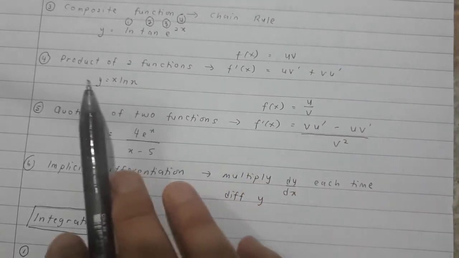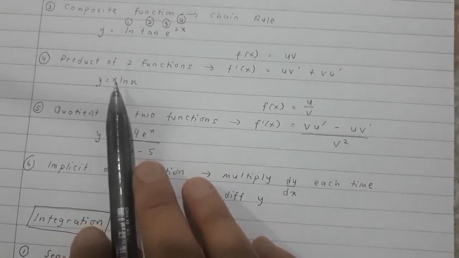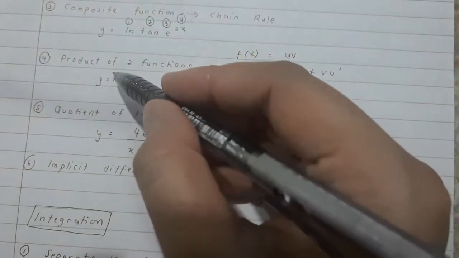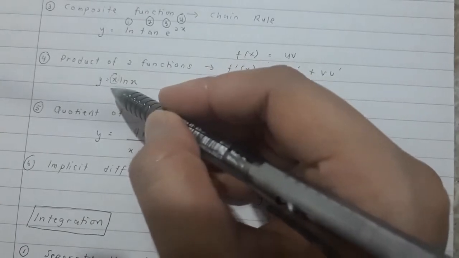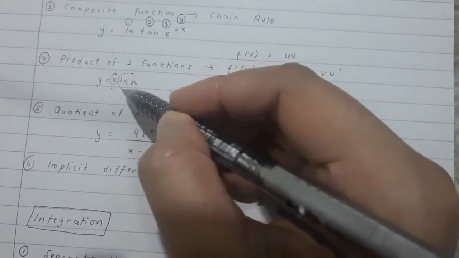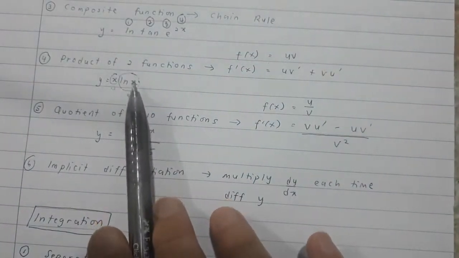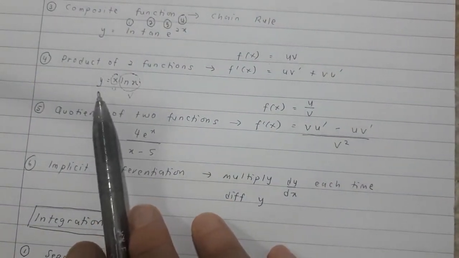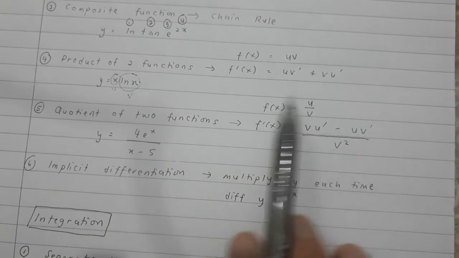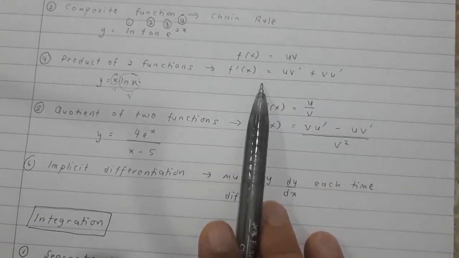For example, here we have y equals x ln x. We can denote x as u, ln x as v. So this is an example of a product of functions. To differentiate y, we can use this formula.